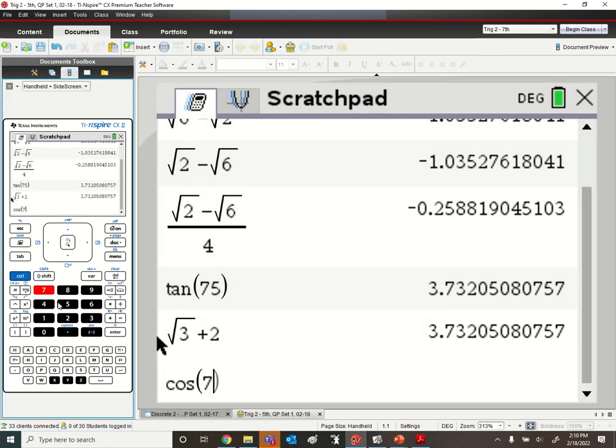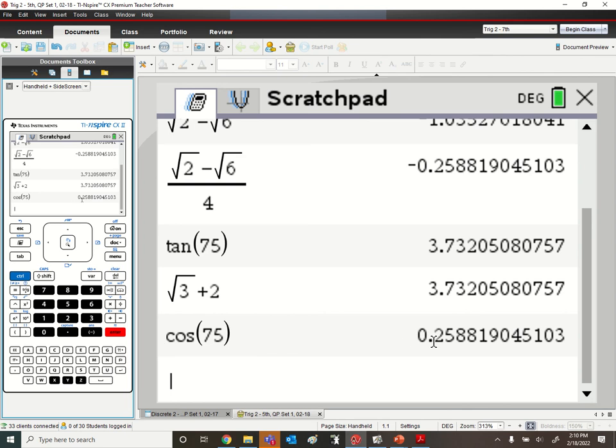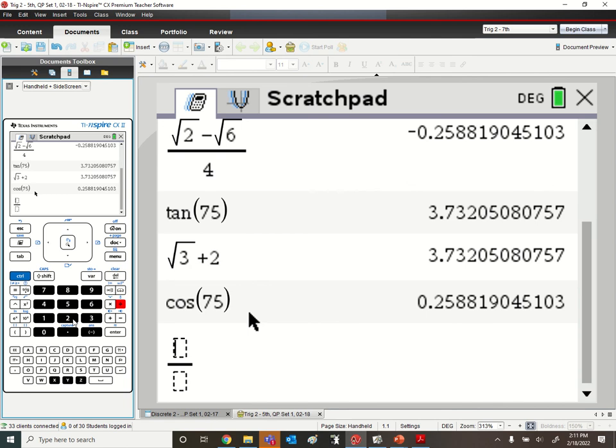Cosine 75, right? Okay, cosine 75 is this. Now, I'm going to start with my fraction, the 1/2 that was out front. Control, divide. My 1/2 is out front. Arrow over. And now I got my radical, so control, x squared. Was it 2 minus rad 3?